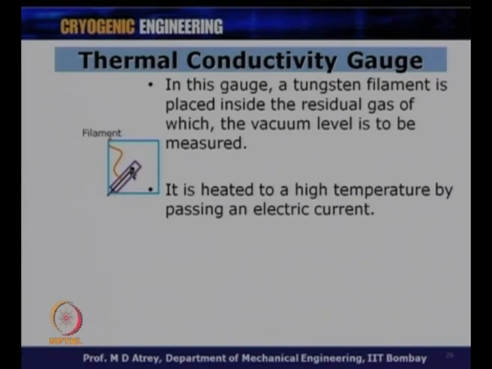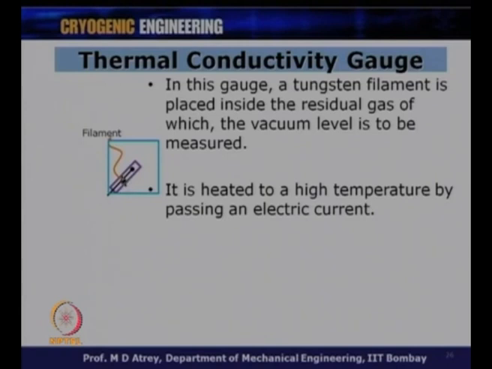So, I will pass some electric current through this, and I have a gas around this, because of which heat transfer will happen. Depending on how much I am heating, the gas will try to cool it, and the amount of Q that is going to be conducted is going to be a function of K of gas, or thermal conductivity of gas. And we know that in a given pressure range, the thermal conductivity is a function of that pressure range.